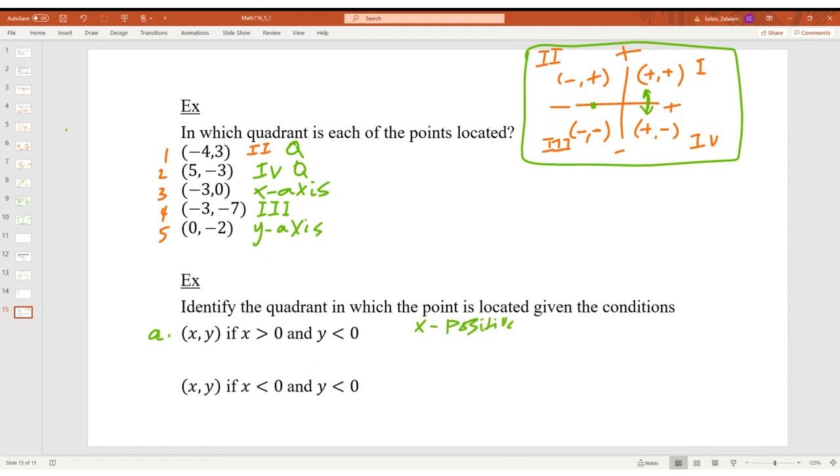And y is less than 0, y is negative. So we are looking for positive and negative. So in which quadrant do you have positive, negative? Look up here on the right hand side. The fourth quadrant, exactly. Positive, negative is in the fourth quadrant.